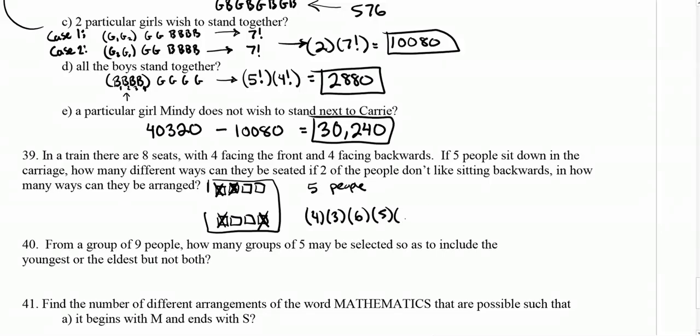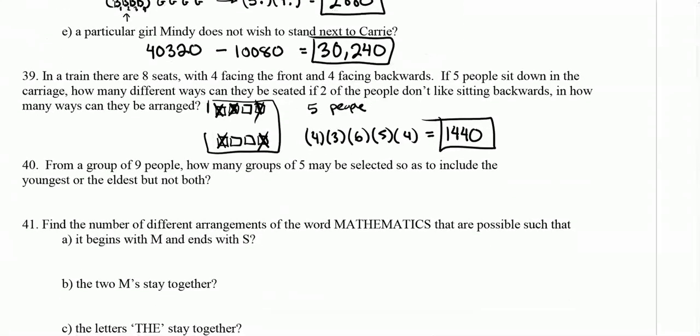And then the last person walks in, the 5th person, and they have 4 options. Let's say they sit right there. So now all 5 sat down, and we can multiply these together to find out how many different ways this can happen. And we get 1,440 ways.